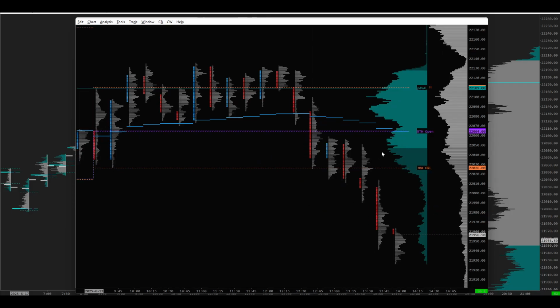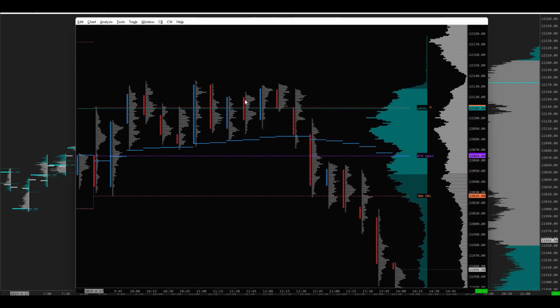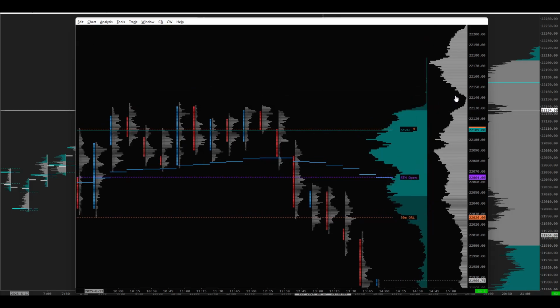But yeah, we can see the way these profiles work together. We got the LVN on this profile. We have the low volume rejection of higher prices up here, and this high volume taper right into it, which coincides with that. It's really good confluence.